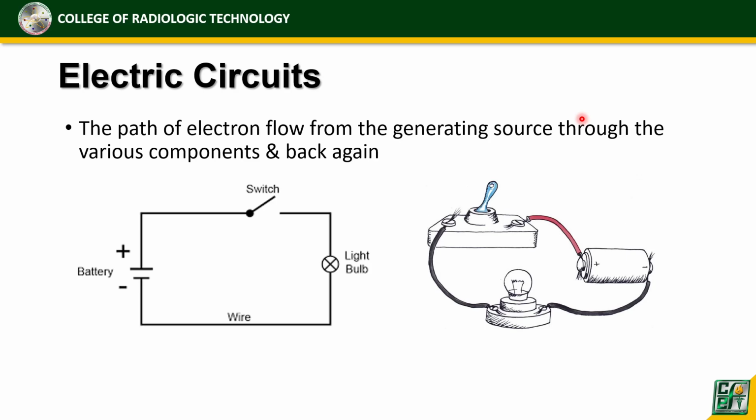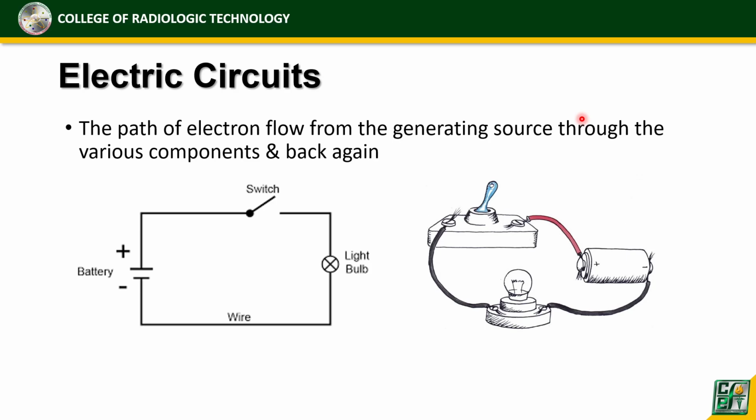Okay, so of course the correct answer is from the positive side. Doon mag-start ang electron flow. Tama, because the electron field is outward, di ba? Outward. At ang negative ay inward. So, ganun din sa electron flow. Sa path ng electron flow. Okay?